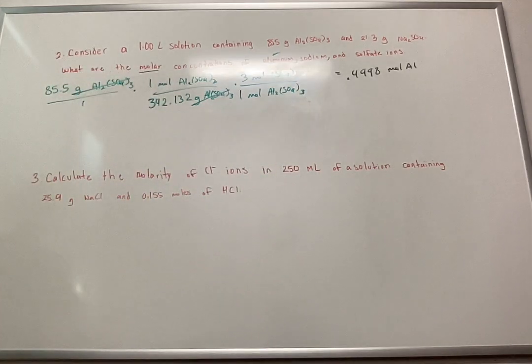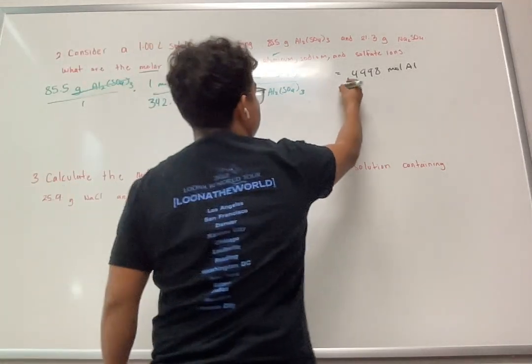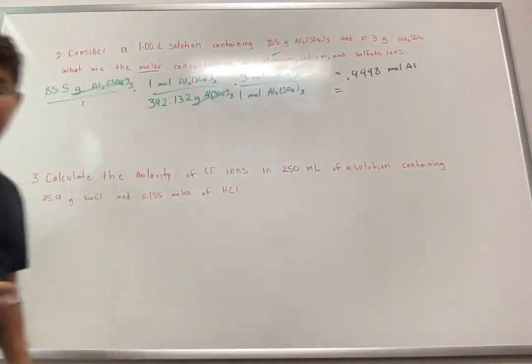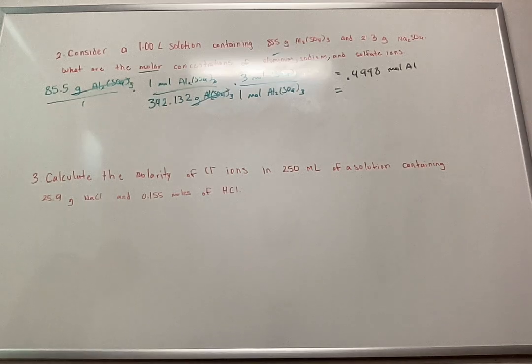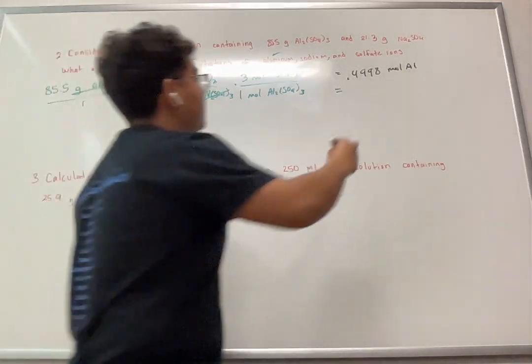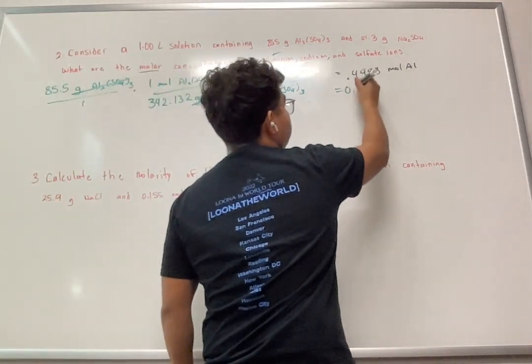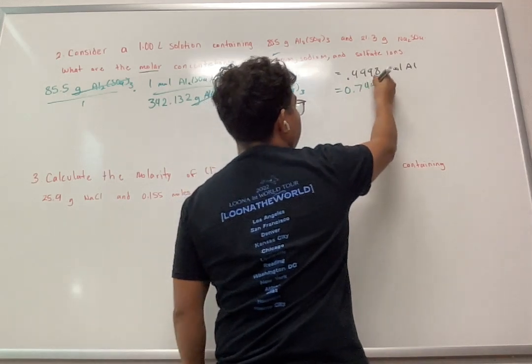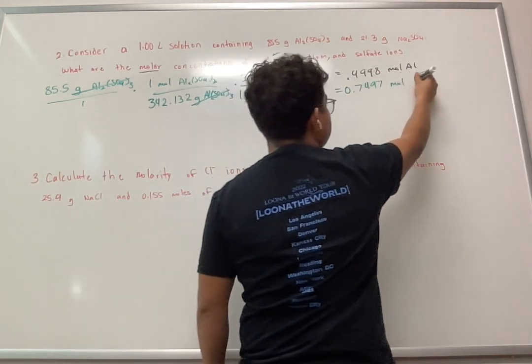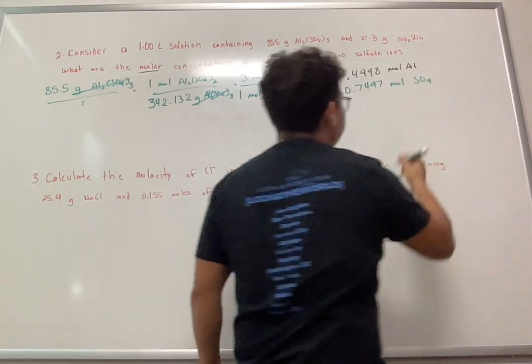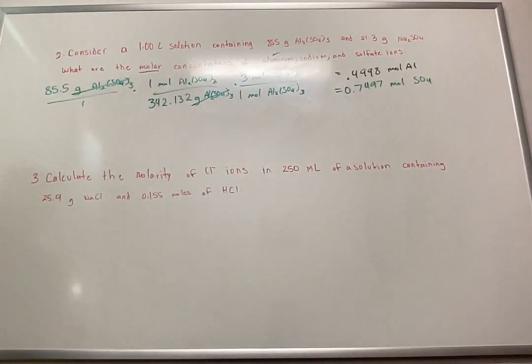Okay, so same process, but now it's 85.5 over 342.132 times 3, because we got 3 moles of sulfate. I'm going to write it down in green so we don't get confused. This should give you 0.7497 mole of SO4.